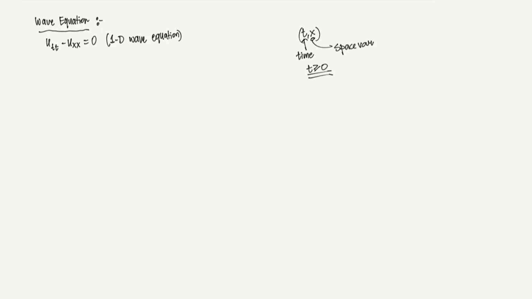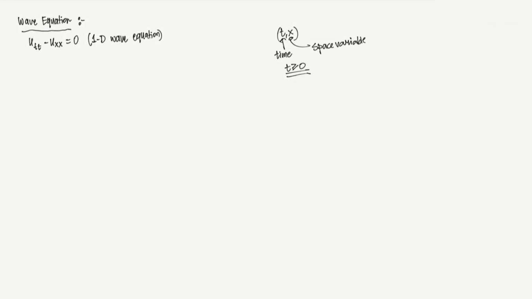Depending on the problem, this x can be one dimensional, or two dimensional, or any higher dimension. Generally speaking, in higher dimensions we write it like this. So this is one dimensional, and similarly we write utt minus, let's say, uxx plus uyy equals 0.